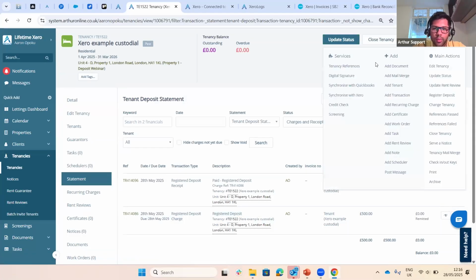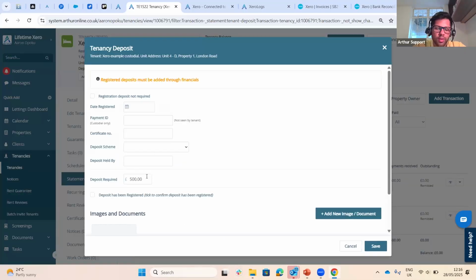Just go into the more drop down and register the deposit in here, because if you create a new deposit charge, you are duplicating that deposit held of £500. So just add the deposit in the new tenancy rather than creating a new deposit charge.